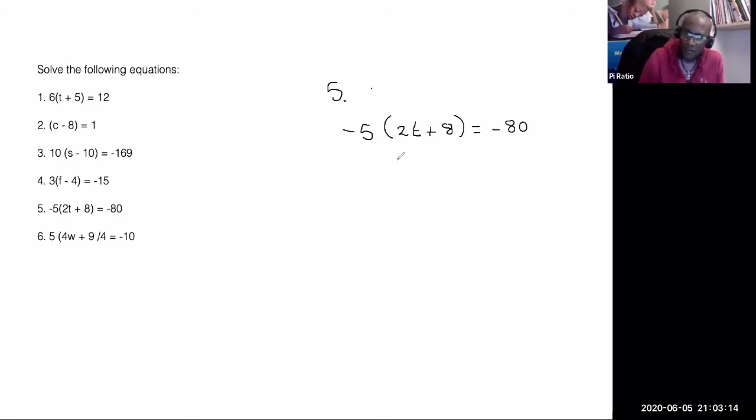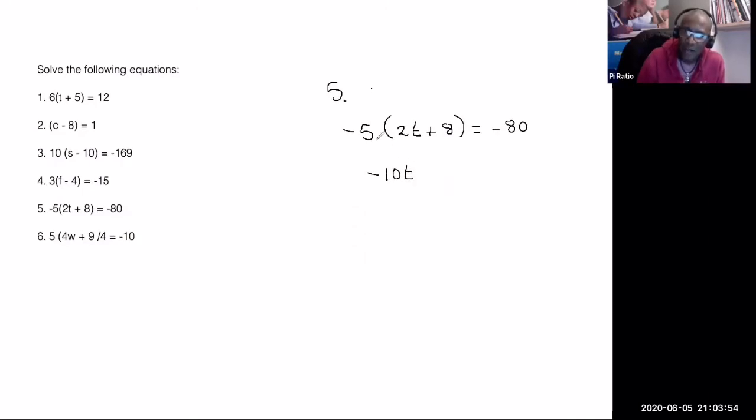All right, so the second line is going to be: minus 5 times 2t is minus 10t, because minus 5 times 2t is 10t with a minus.